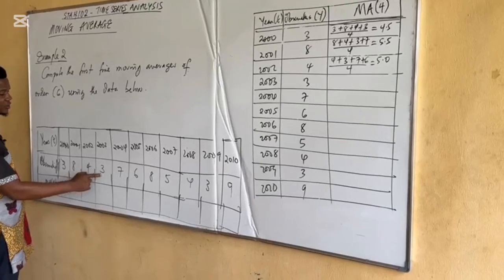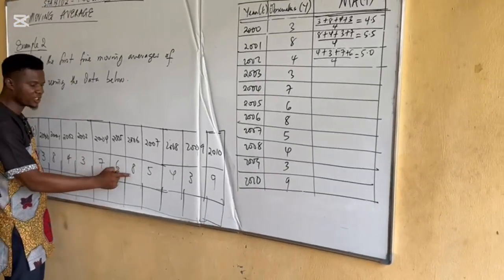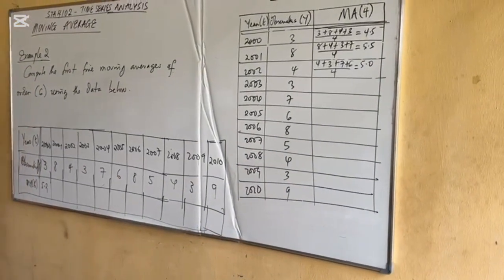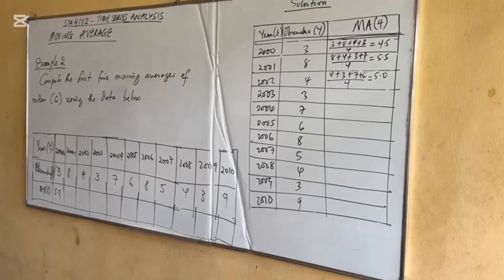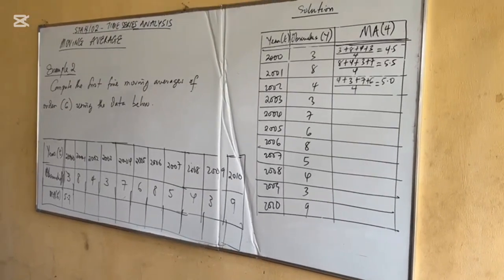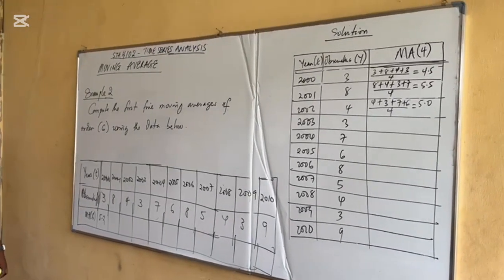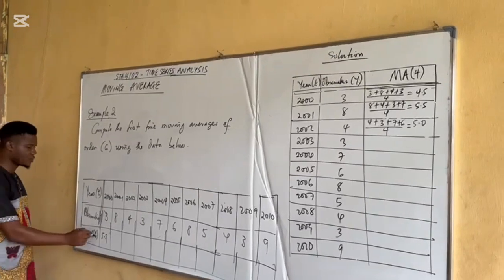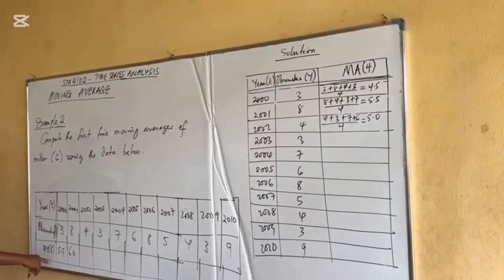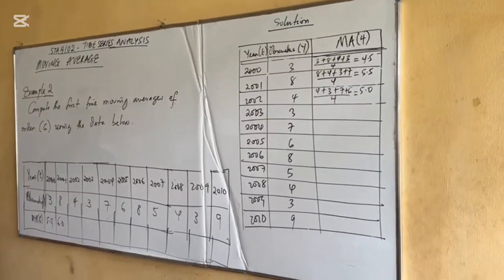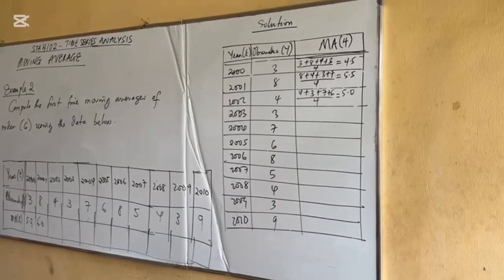8 plus 4 plus 3 plus 7 plus 6 plus 8 divided by 6. What would that give you? It will give you 6, so that will be 6.0. If you are maintaining one decimal place, maintain one decimal place all through a particular column.